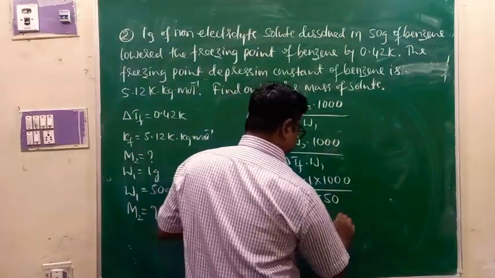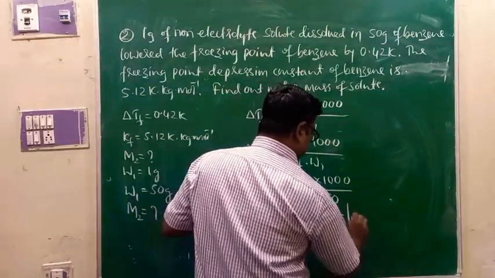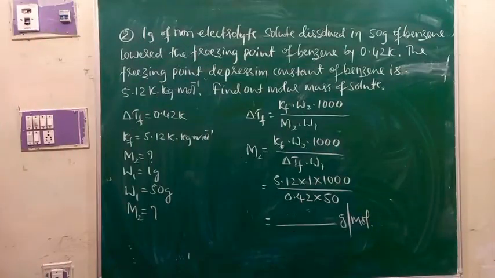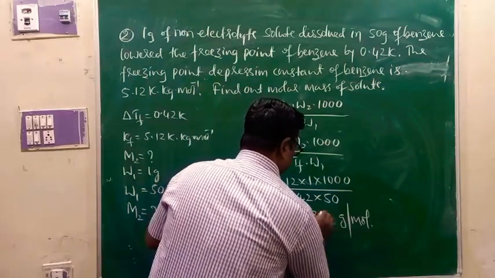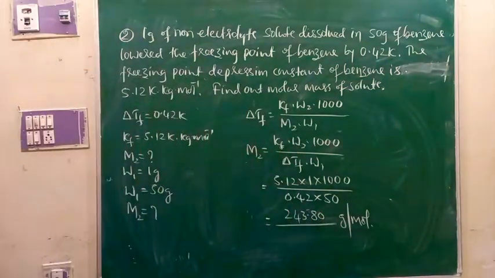Simplify this and you will get it in gram per mole. That is 5.12 into 1000 divided by 0.42, whole divided by 50. It comes out to be 243.80 gram per mole.